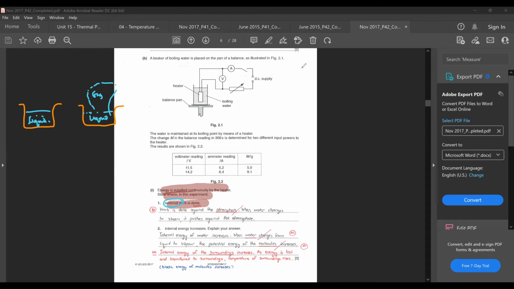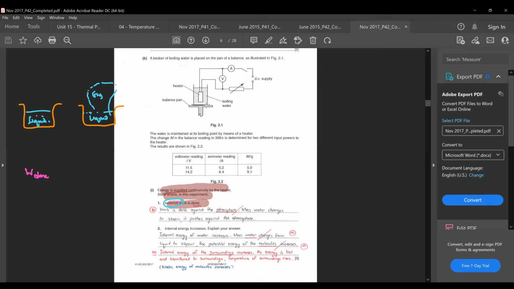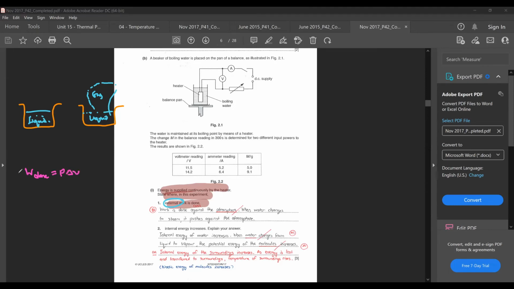From what you've just done in this chapter early on, I mentioned to you, whenever you want to find out whether work is done, you tend to use this equation, pressure times change in volume, or rather you just look for any volume changes for any work to be done.